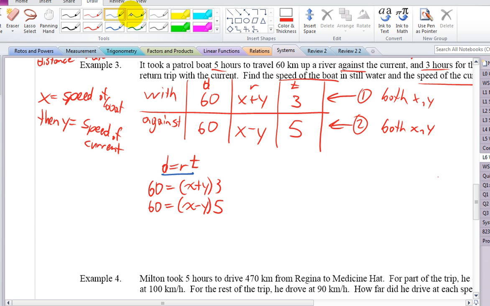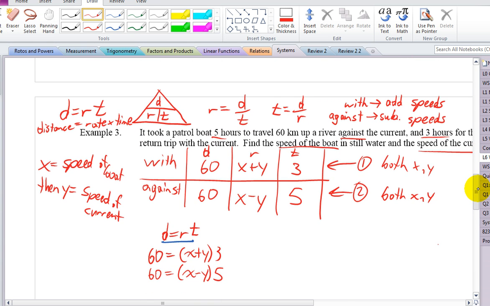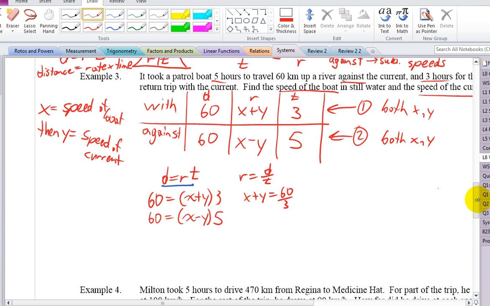For the next equation, we could use rate equals distance divided by time. So we could use X plus Y equals 60 divided by 3 and X minus Y equals 60 divided by 5. So we could use that one as well. Okay. Either or.